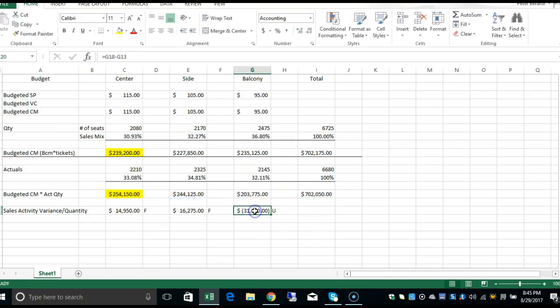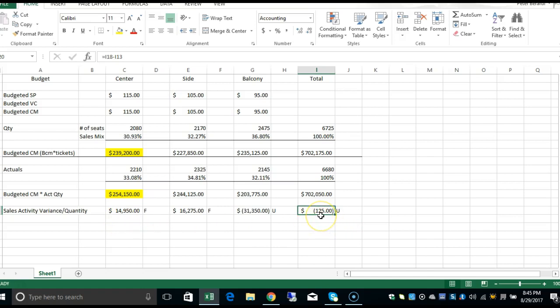So the total variance is going to be $125 unfavorable, and basically the budget showed that we should have had a contribution margin of $702,175. We ended up with $702,050, an unfavorable variance of $125.